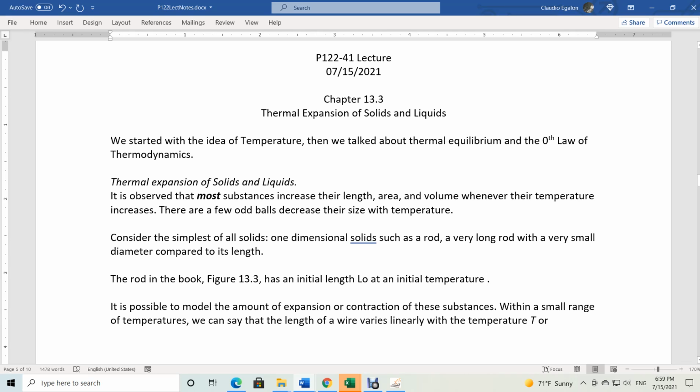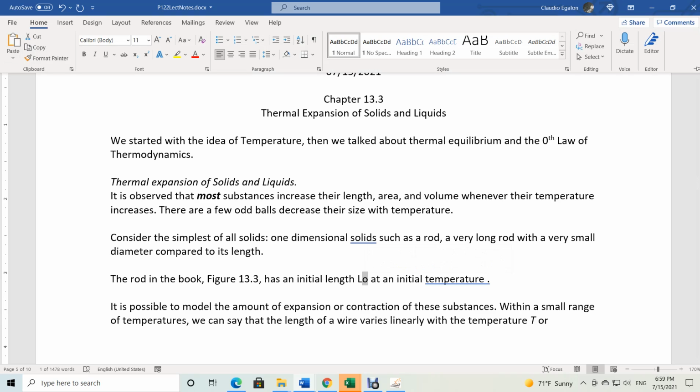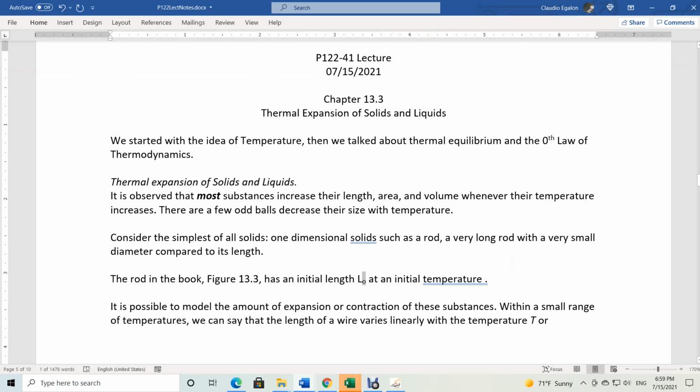Think about that. That's what we have there. The initial length I'm going to represent by the letter L, and the initial temperature I'm going to represent by the letter big T, T naught. Naught is usually used to represent initial.